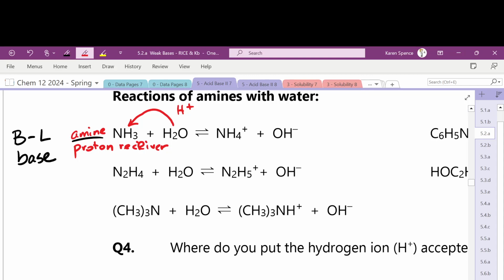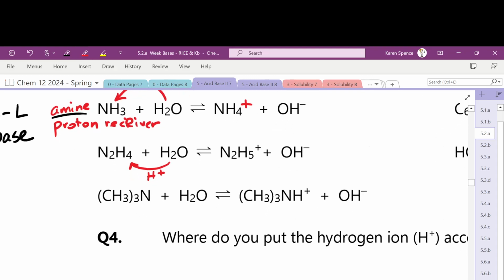So for all of these, water gives a proton and the amine accepts one. You end up with a plus charge and one extra hydrogen. You might say to yourself, where is that hydrogen going to go? If you have no idea, you can just stick it on the end.